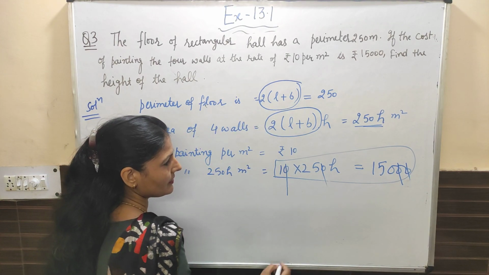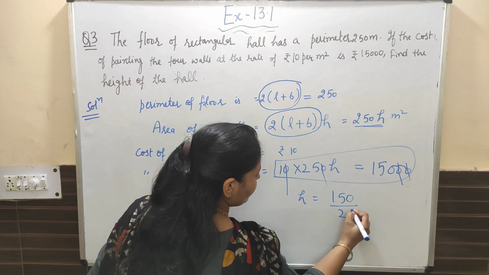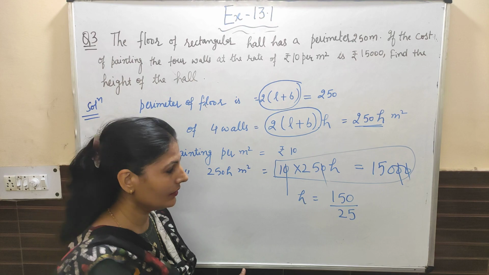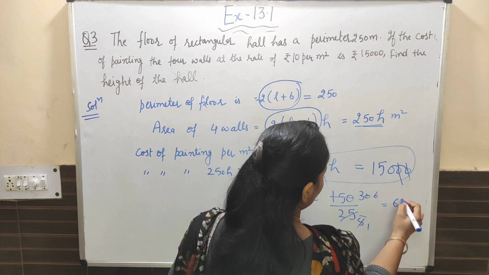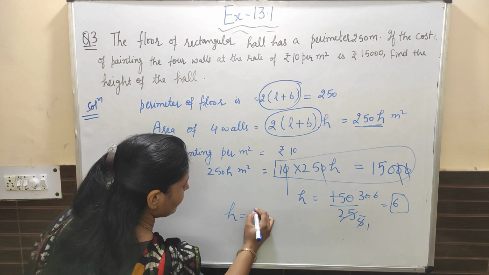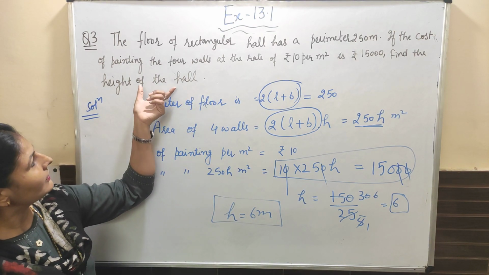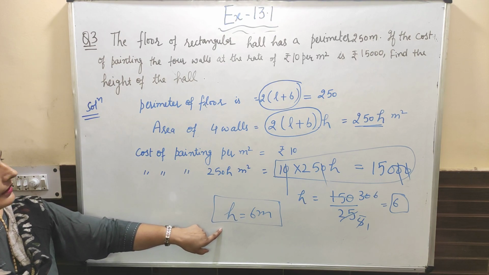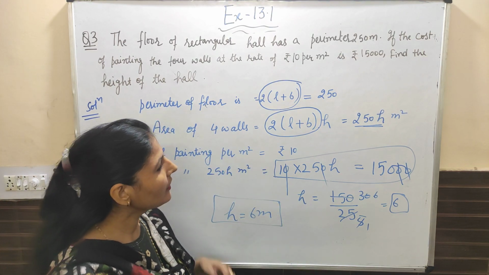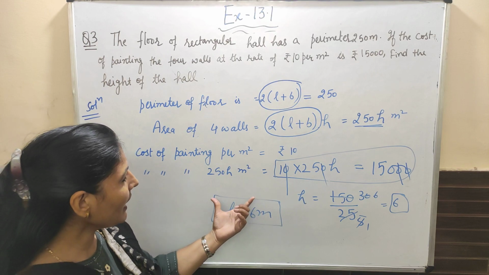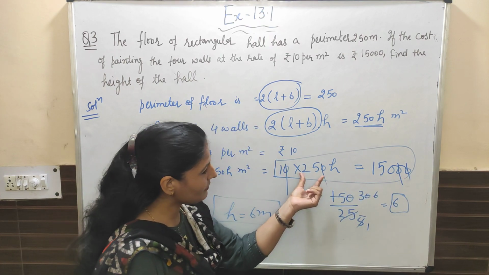The zeros cancel, and H is equal to 150 upon 25. Now cut it. It will be 6. So H is 6 meters here. We have to find the height of the hall, and that is what we have calculated. Let me revise again. We have been given the cost of painting 4 walls, so we have to find the area.